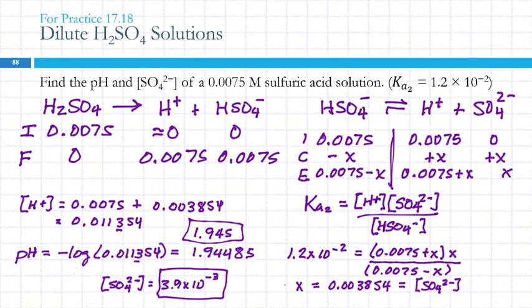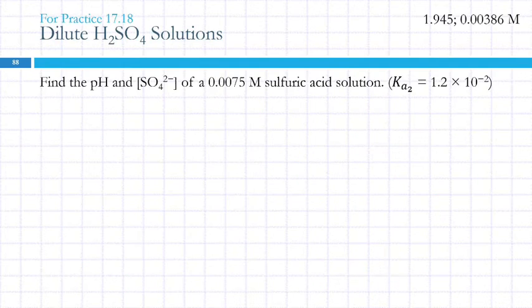Any questions? When we look at the answers given in the book, they've got 3 decimal places in the pH. I agree with that. They've got 3 sig figs in the concentration, and I would argue with them about that, but we're not going to worry about it.